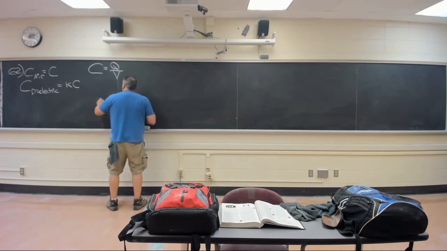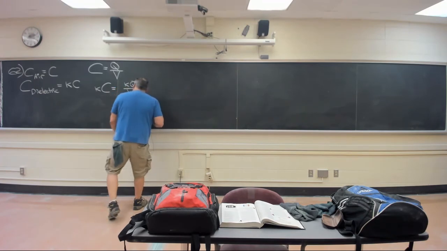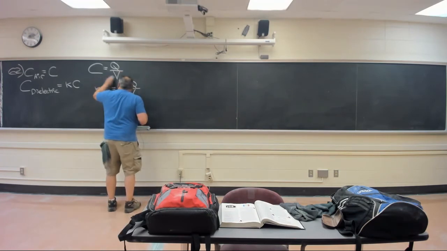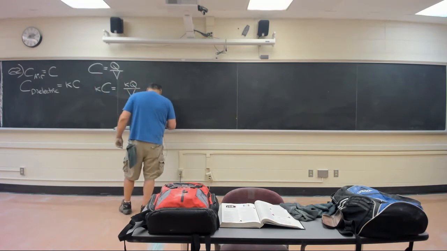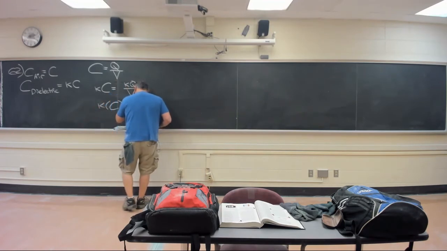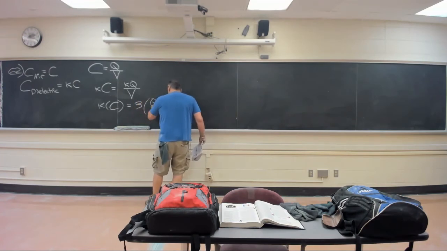Fair enough. Kappa C would be kappa times Q over V. Multiply both sides of this equation by kappa. Kappa C equals 3 Q over V.